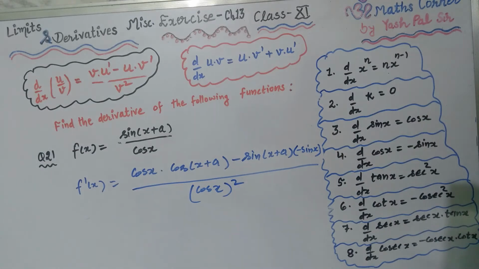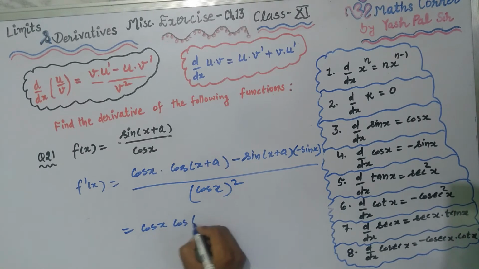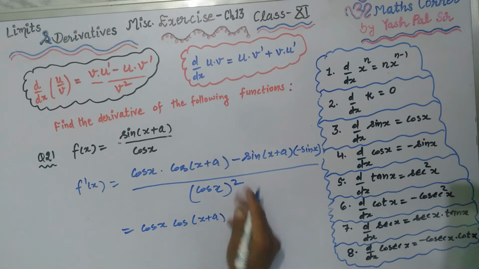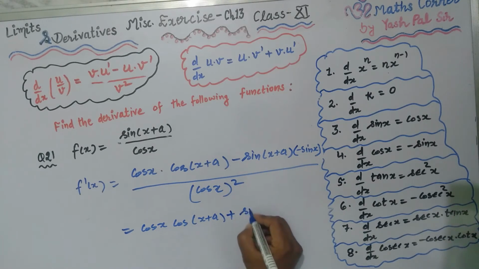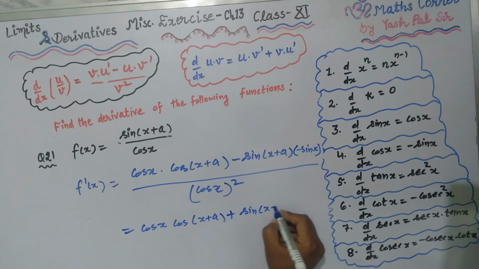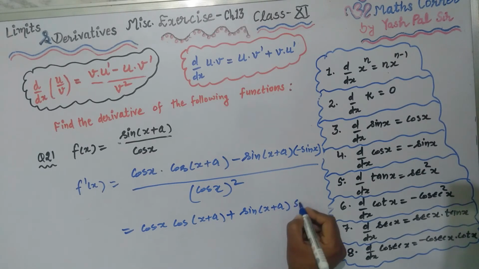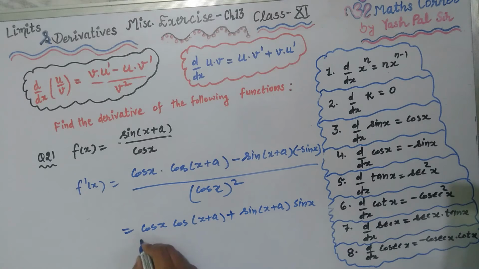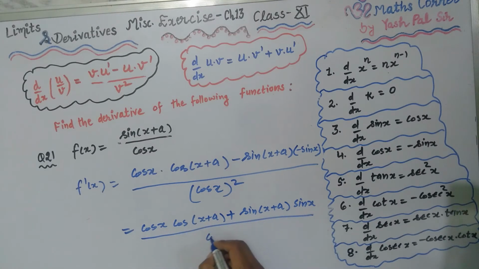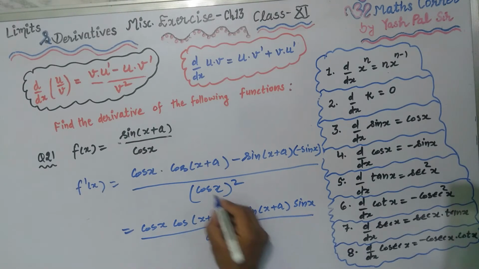So further we write, this becomes cos x into cos x plus a, minus minus plus sin x plus a into sin x, divided by cos x whole square, that is cos square x.